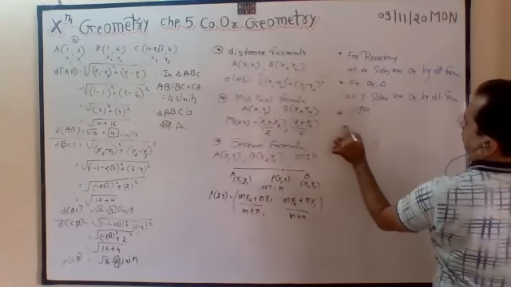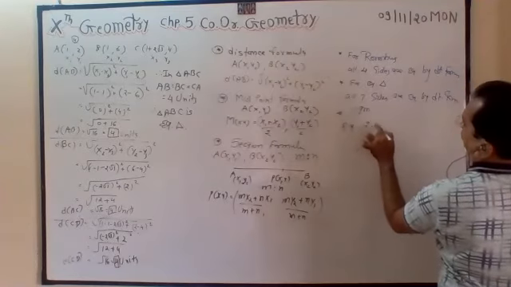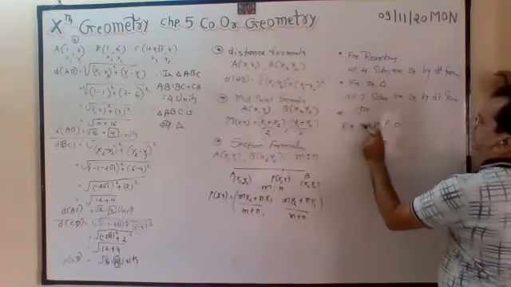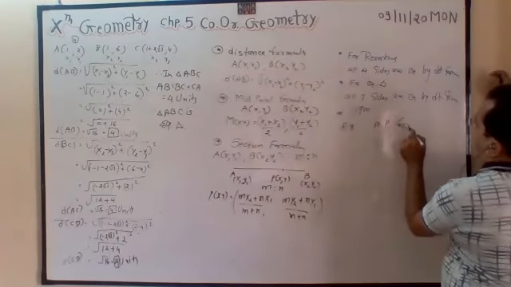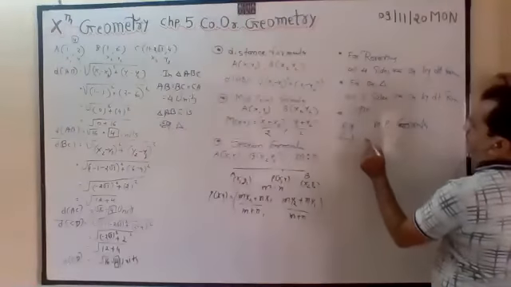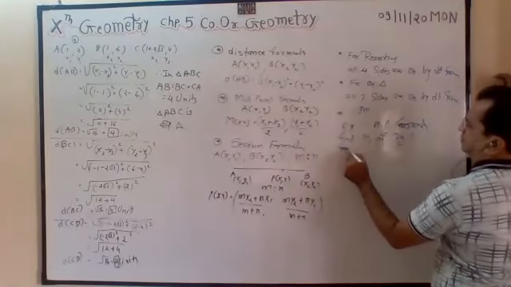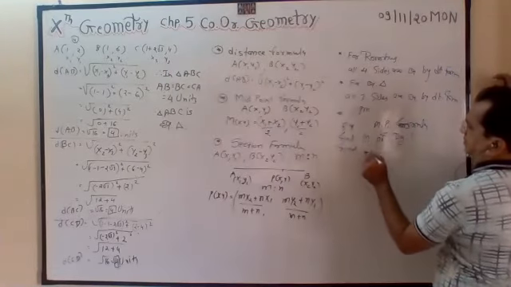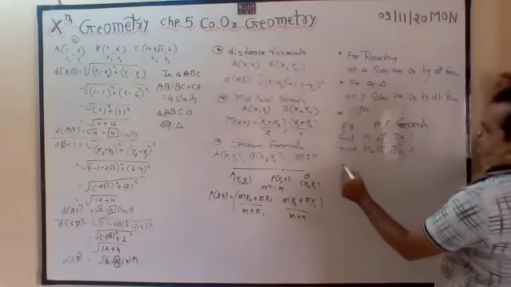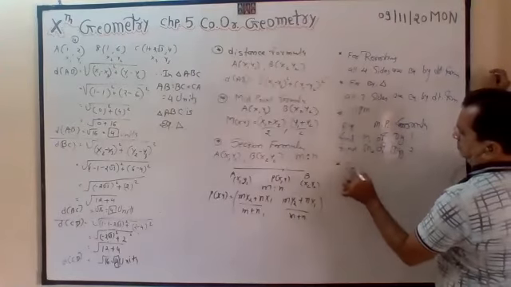Parallelogram, by the midpoint formula: find the midpoint M1 of diagonal 1 and the midpoint M2 of diagonal 2, they are equal.